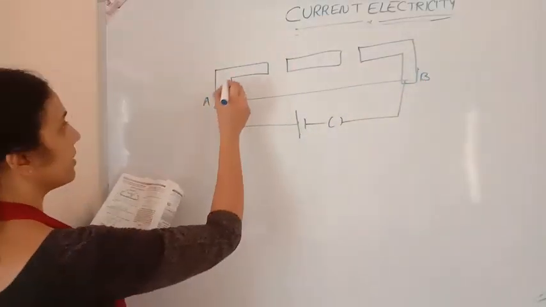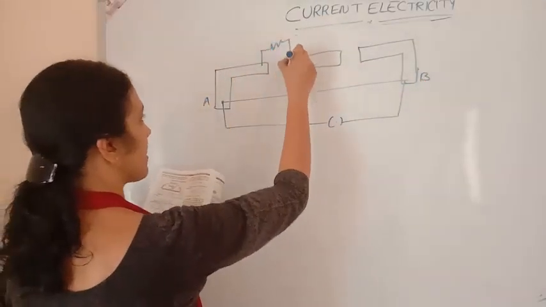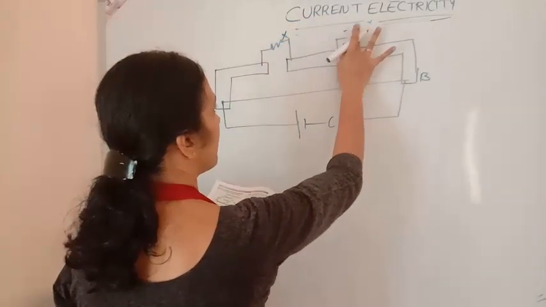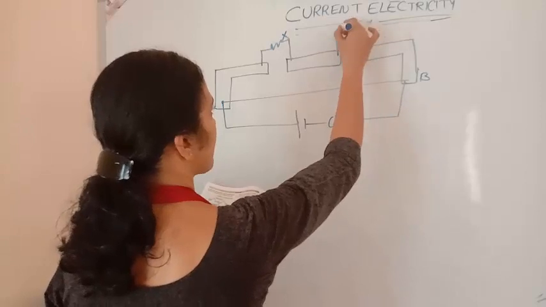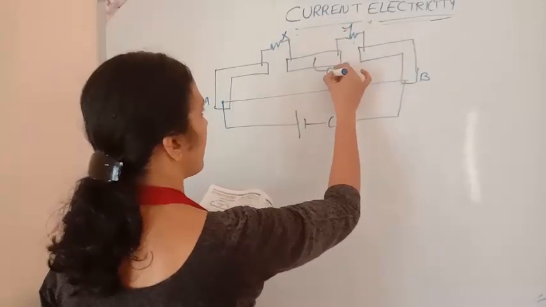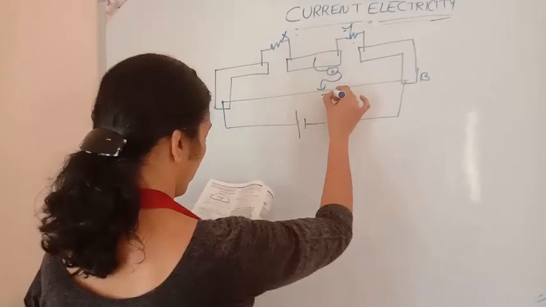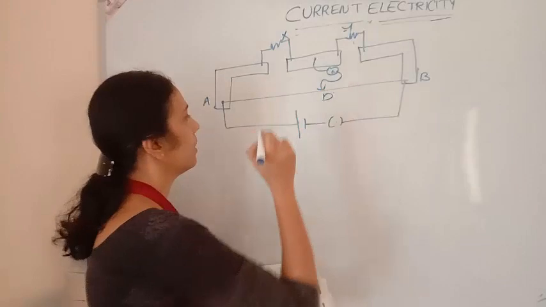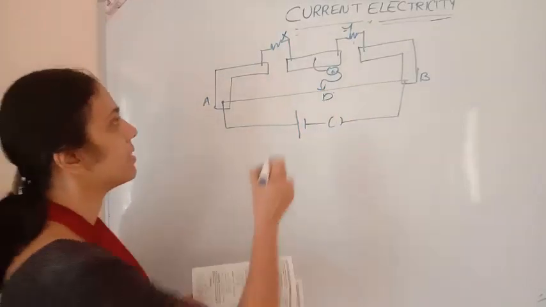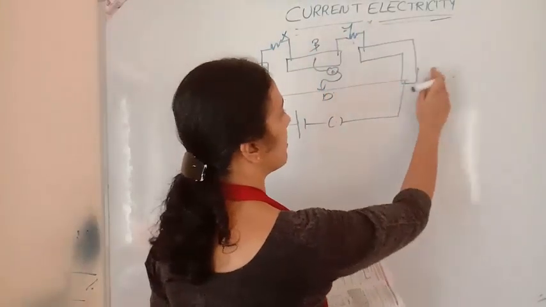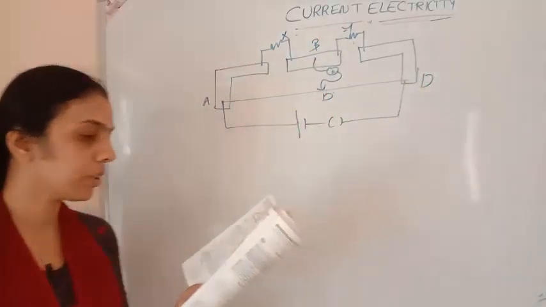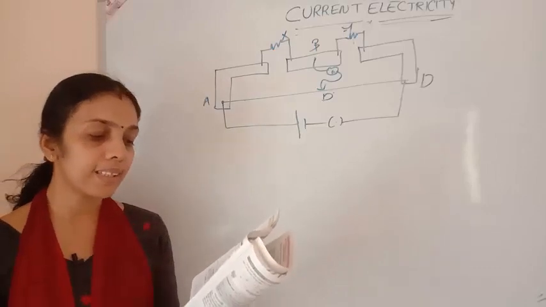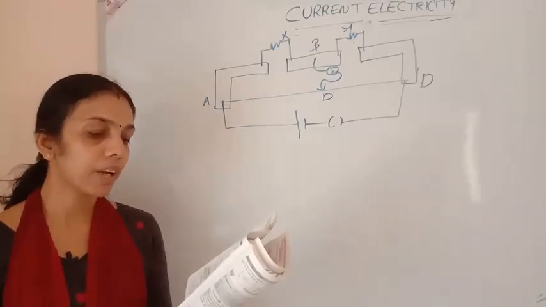And here it is resistance X, and here it is Y. A resistance Y is connected here. From here, galvanometer, and galvanometer to jockey. And this position is given as D. A and B is here. From B, and this is D. This was the question.